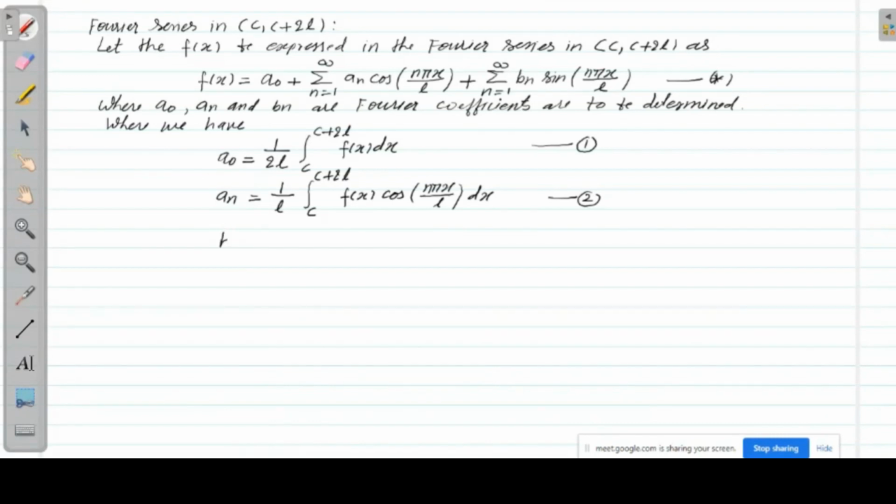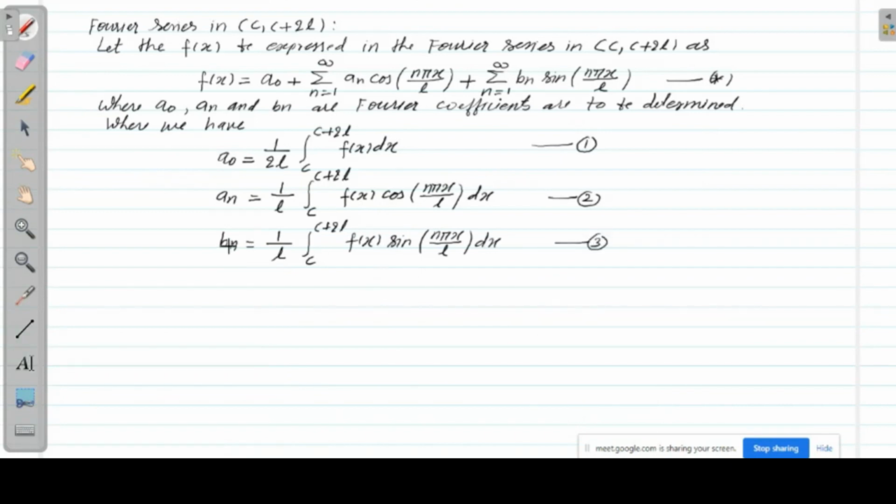Similarly b n is 1 upon l integration of limit c to c plus 2l f of x sin n pi x by l dx, and this is equation number 3.